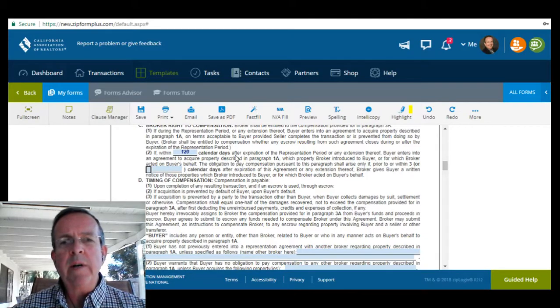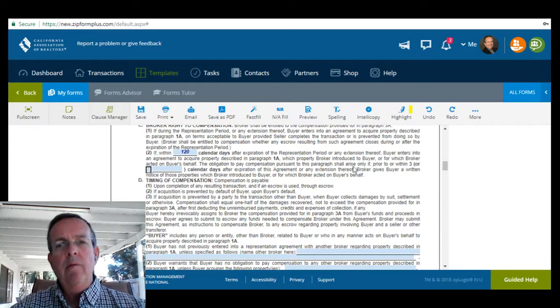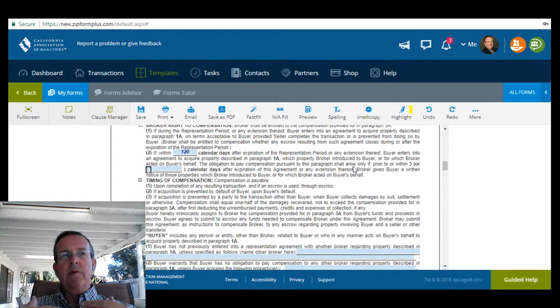If within 120 calendar days after the expiration of this representation period, what is this talking about? Okay, Mr. and Mrs. Buyer, if at the end of this BRE, we haven't found you a property, and we decide to not move forward working together, and we don't sign a new BRE, and you go out and buy one of those properties that I showed you, then I can come back and have a discussion with you about my role in that transaction.